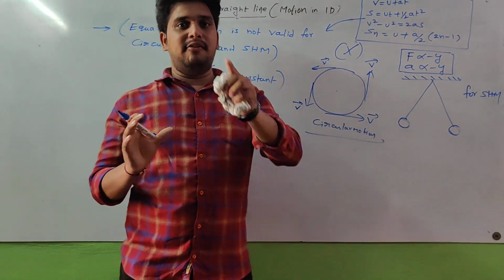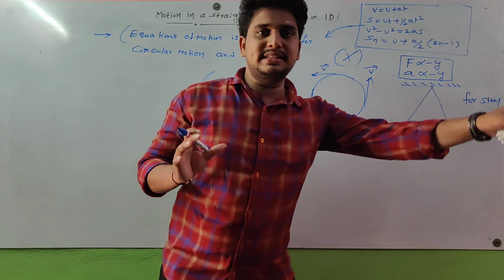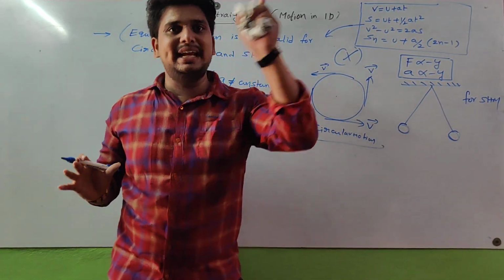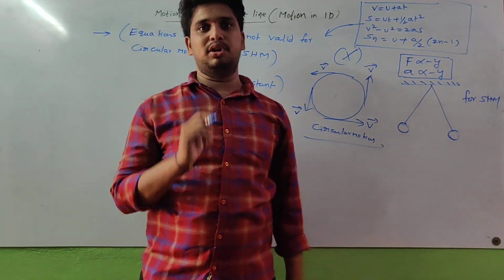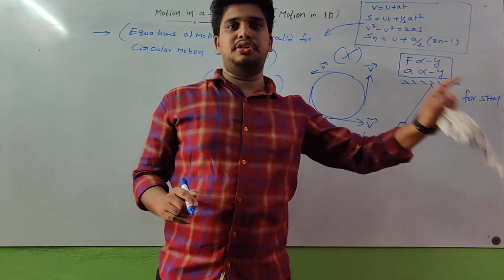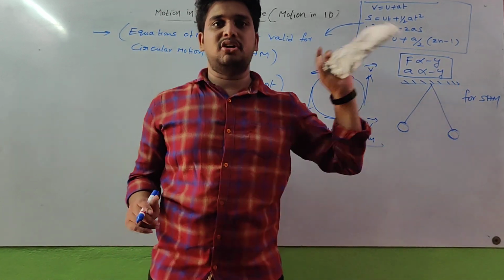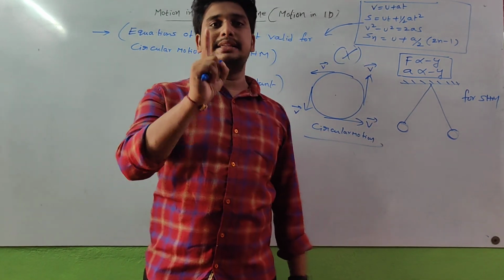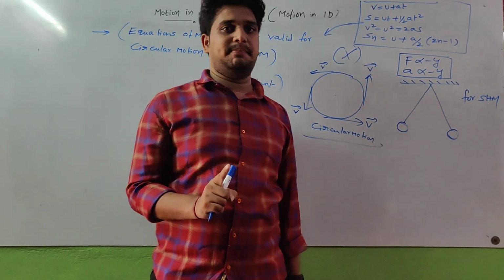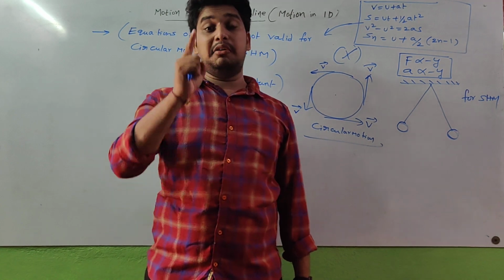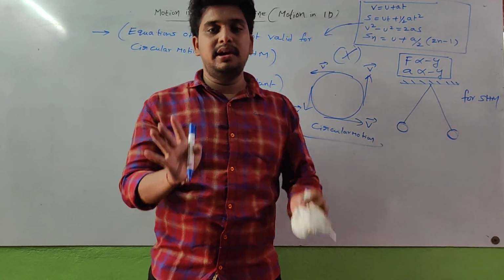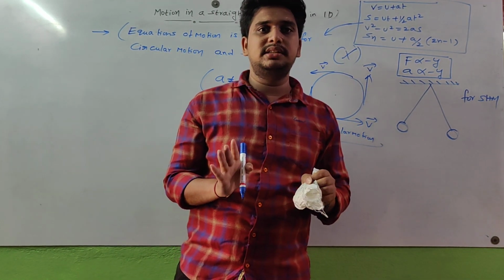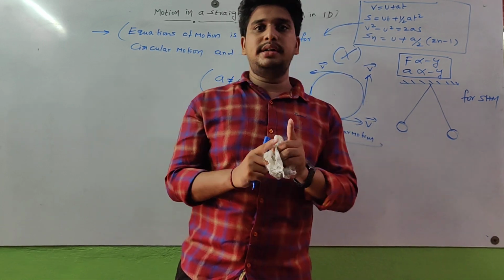That means velocity direction changes continuously, so acceleration also changes. This is very important. Velocity changes continuously means acceleration also changes continuously here. For circular motion, acceleration is not constant, and velocity is not constant. Velocity is a vector quantity.